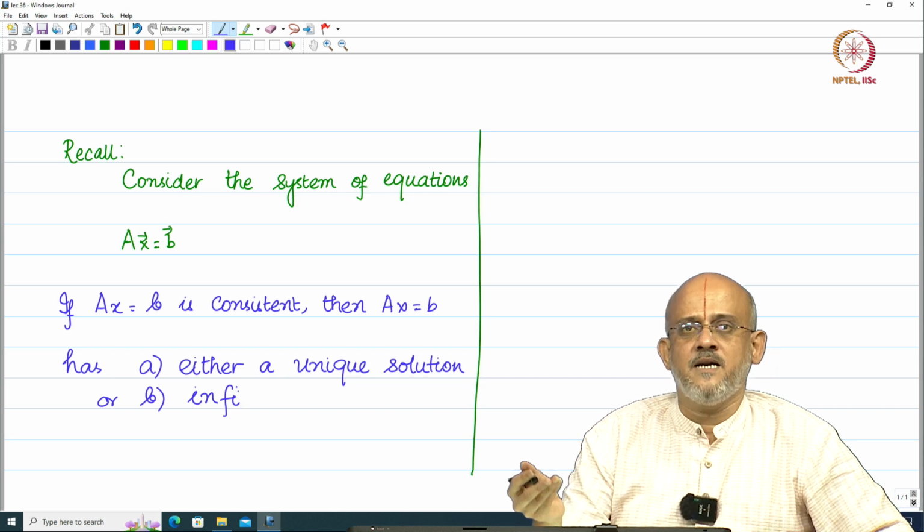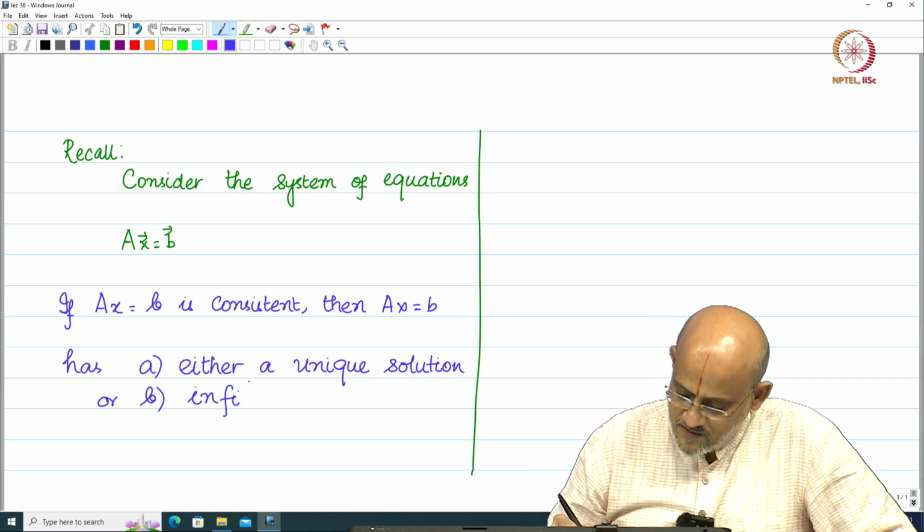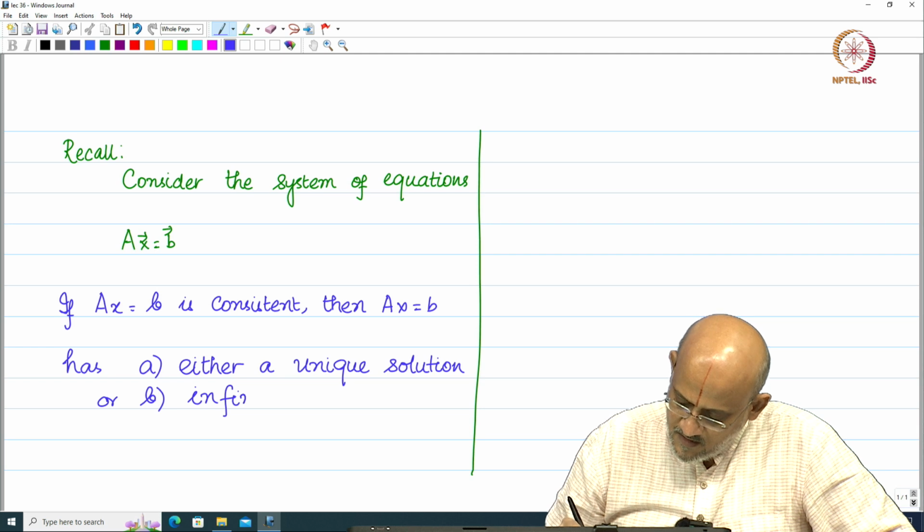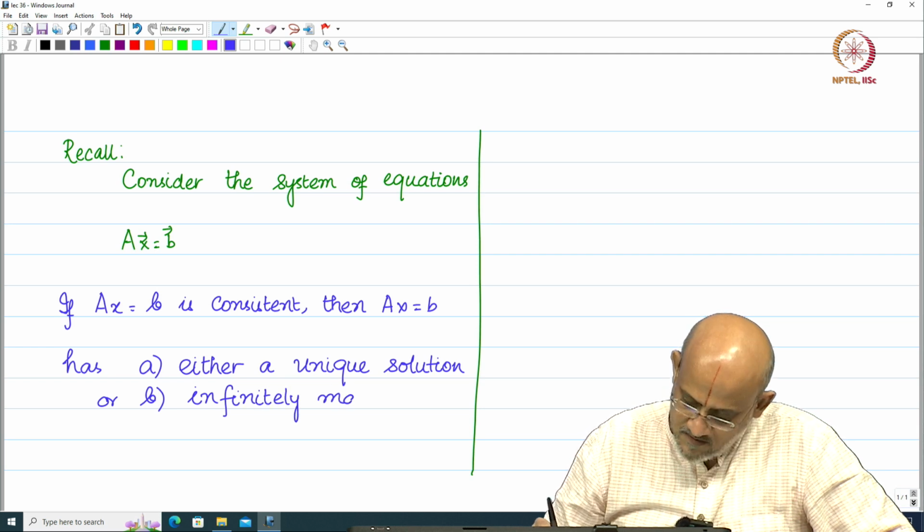Whenever we had a solution we said that the system is consistent. So you have either a unique solution or infinitely many solutions.